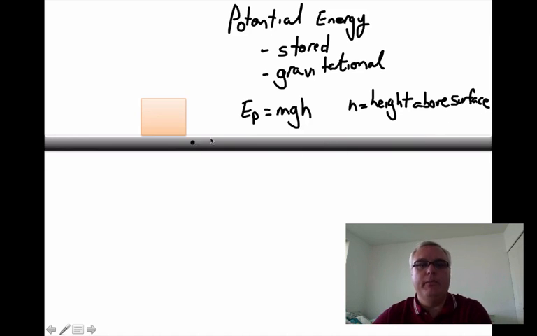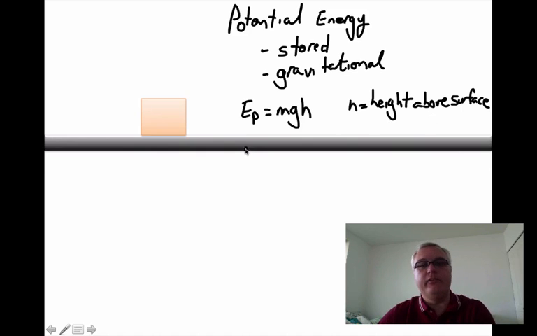Okay. So depending on where the surface is, even though the position of the object hasn't changed, if the height of it above the surface changes, its gravitational potential energy could change. So gravitational potential energy, mgh, again it's measured in joules, and it's the energy that's stored in the object due to its position above a surface.